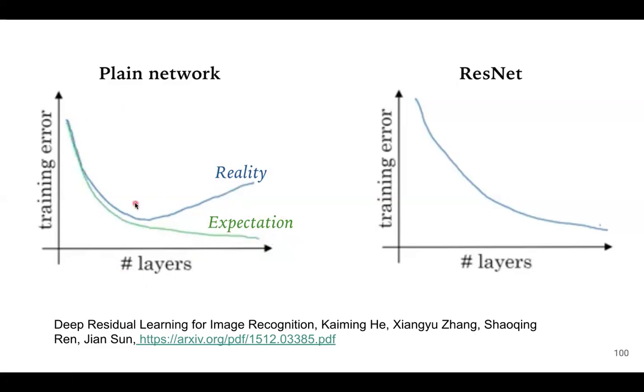But in reality, they noticed that after a certain number of layers, the training error was not going down anymore. So this is what they found, and then they started to research how to solve this problem, because they were dealing with very complex data. The data was in the form of images, but the images they were dealing with were very complex and diverse.